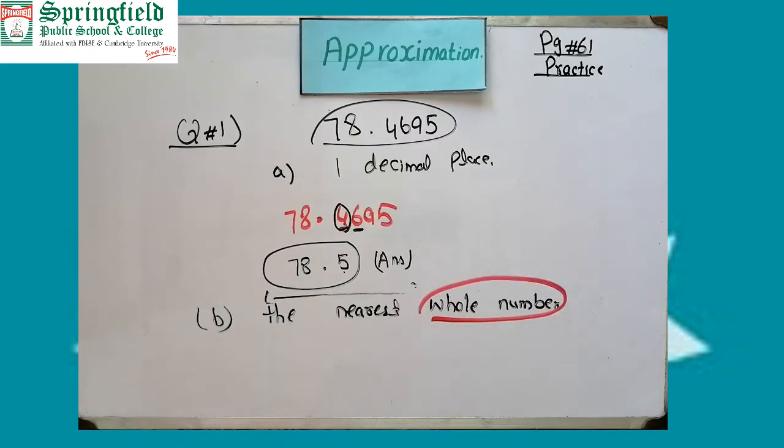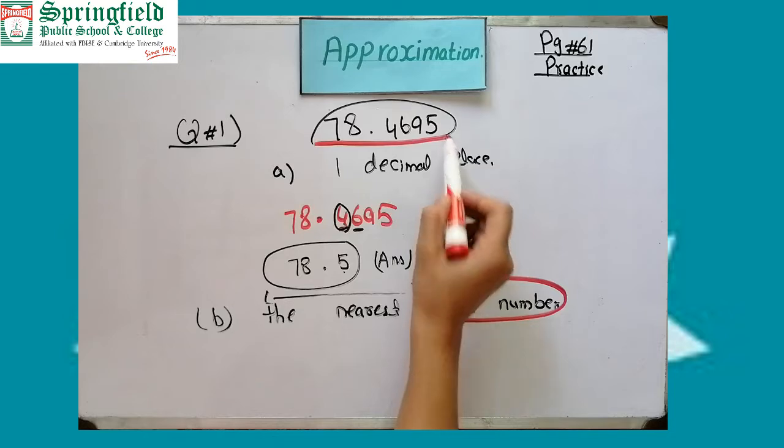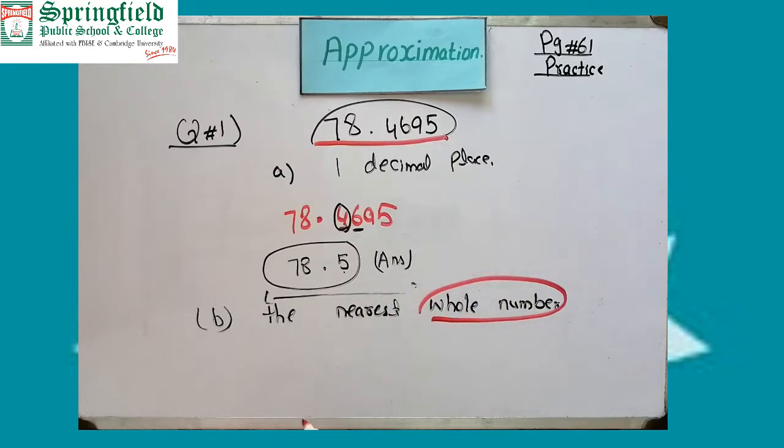Numbers without a decimal point are called whole numbers. Fine. And the given number is a decimal number. So how can we round off this decimal number to the nearest whole number, as we have already done in the example.